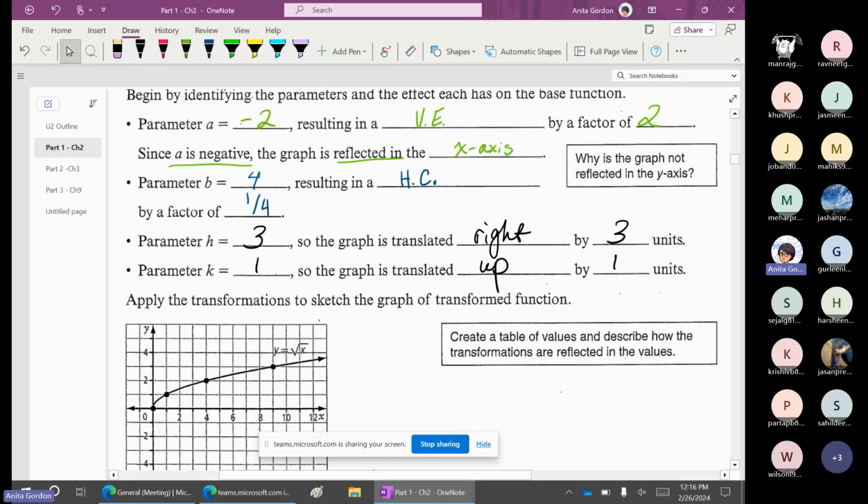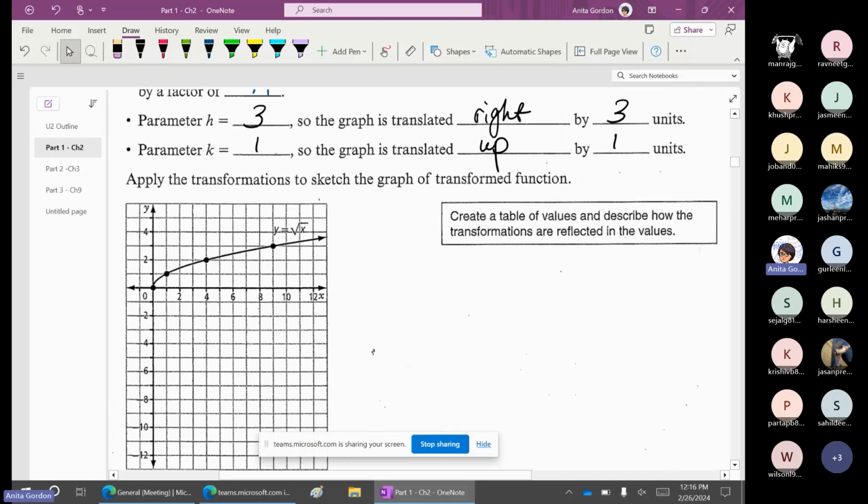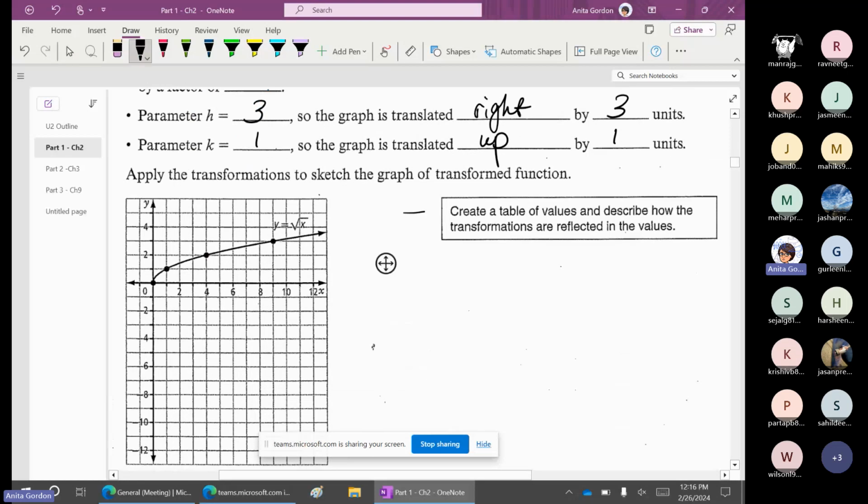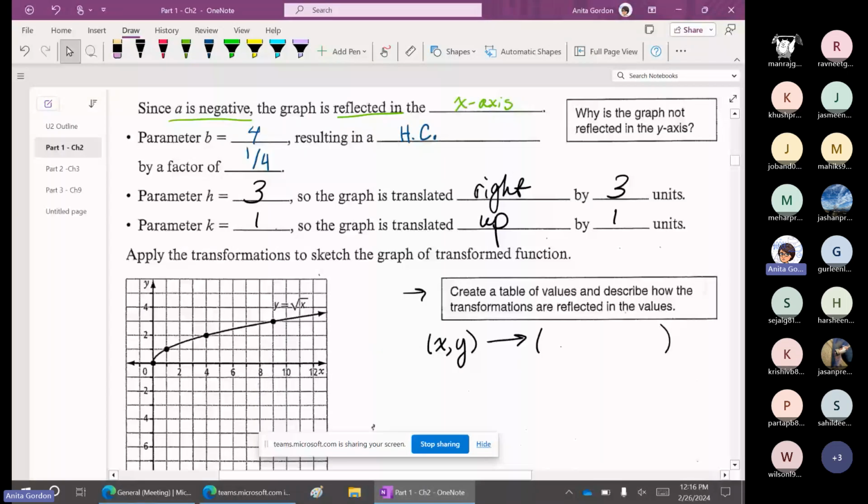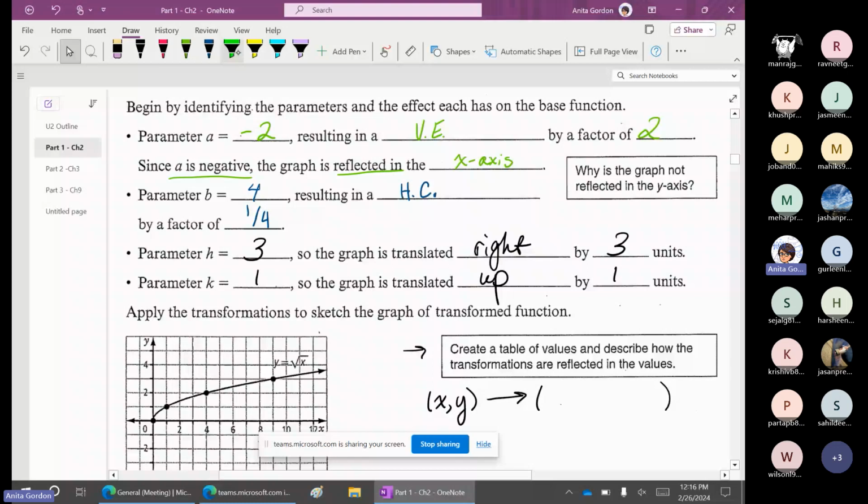When we do the transformation, it says here, create a table of values and describe the transformations that are going on. The way that I do this in the simplest and most efficient form is by writing out the mapping. My original coordinates x, y, what is going to happen to them after I do these transformations? Looking at the x components first, the b value is an x and the h value is an x.